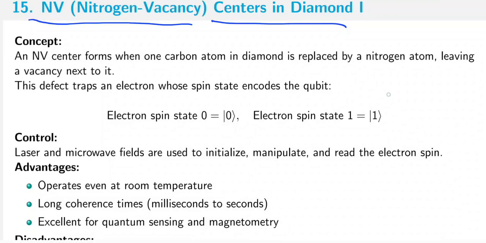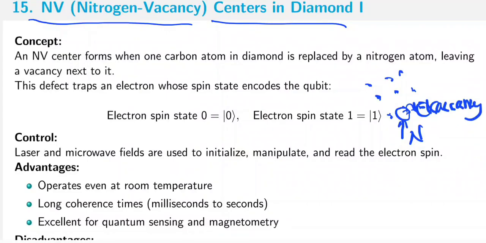This is how the lattice looks: all are carbon atoms, but here instead of a carbon atom I am placing nitrogen. This creates a vacancy here, where the carbon atom is removed.